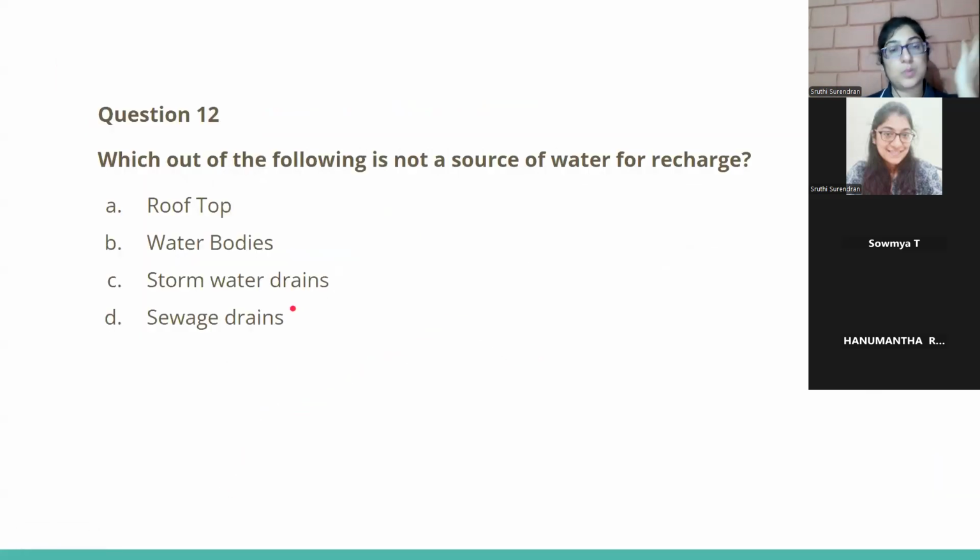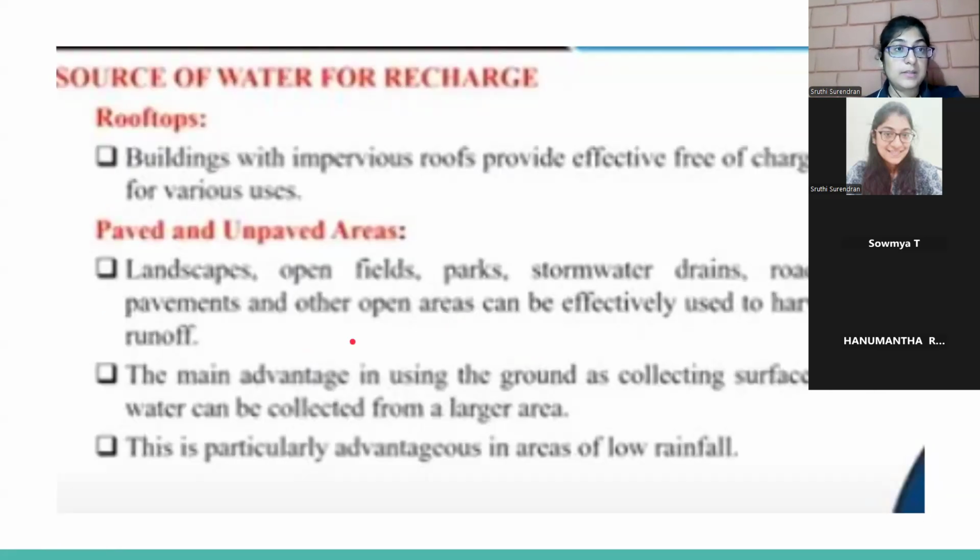You don't use sewage water for recharging any kind of source of water, whether it is groundwater or any other source. The clarity of the slide is a bit less. So the various sources of water for recharge are rooftops, the water that you get from rain, and paved and unpaved areas, majorly stormwater drains.